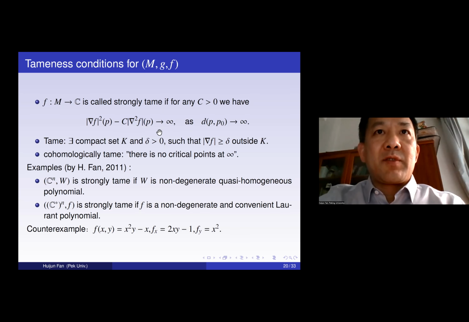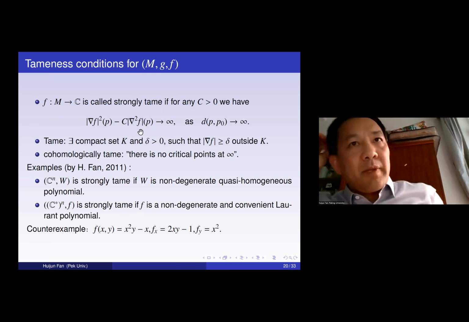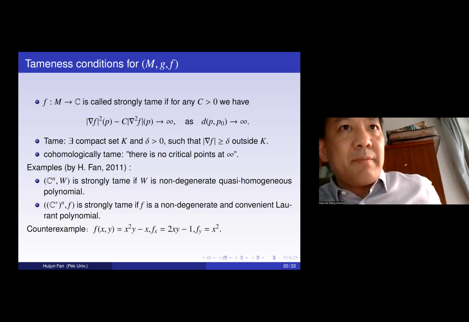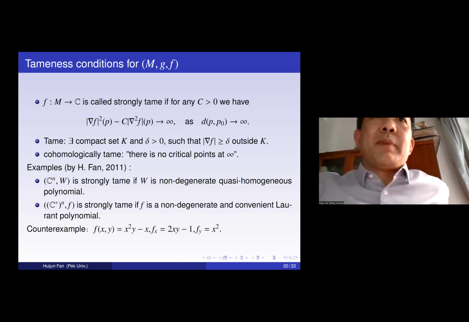Such a strongly tame condition for manifolds was proposed by me in my arXiv paper in 2011, but earlier, in the C^n case, by two authors, I think in 1991.